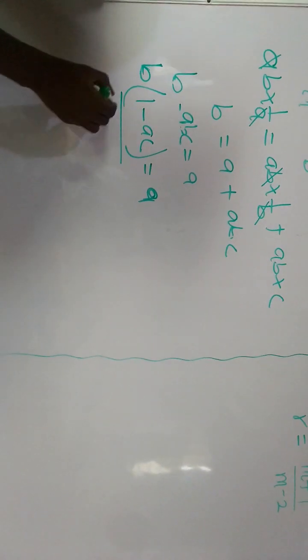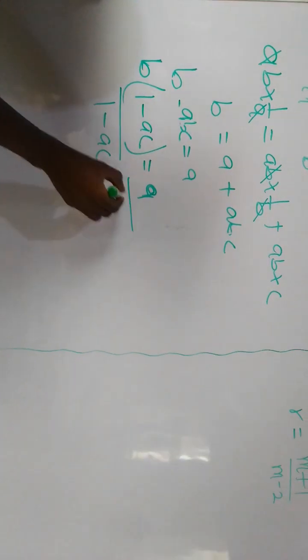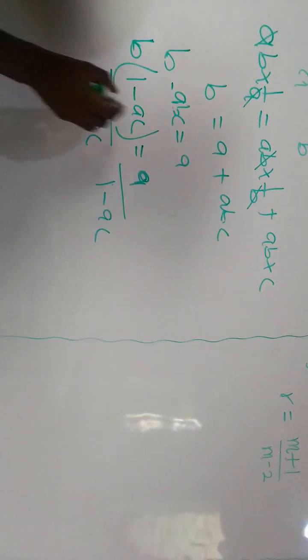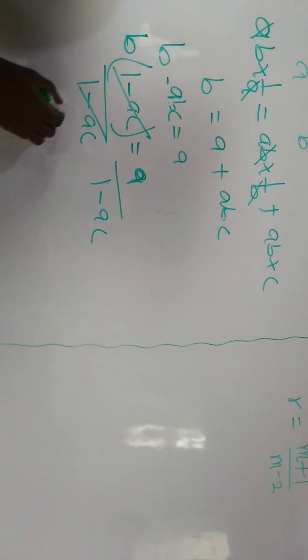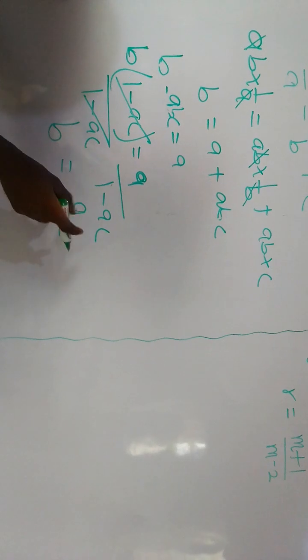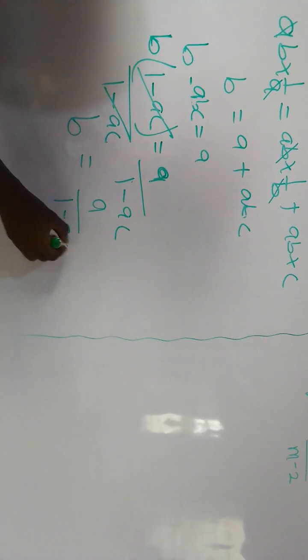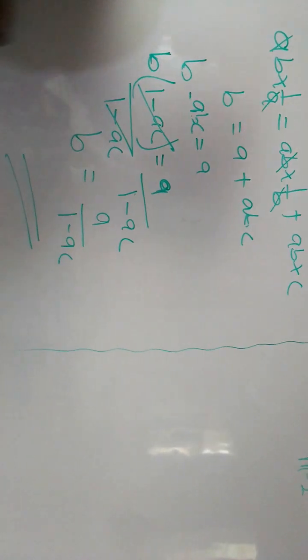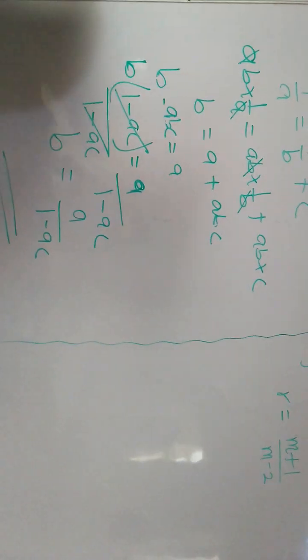So divide both sides by 1 minus AC. So this will cancel this. Therefore, B equals A over 1 minus AC. So this is how we're going to make B the subject.